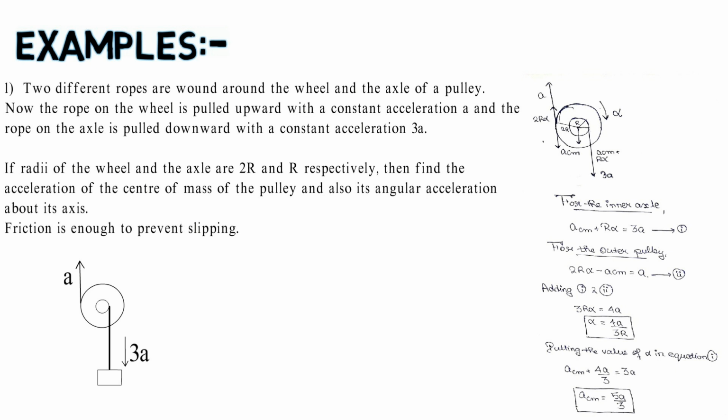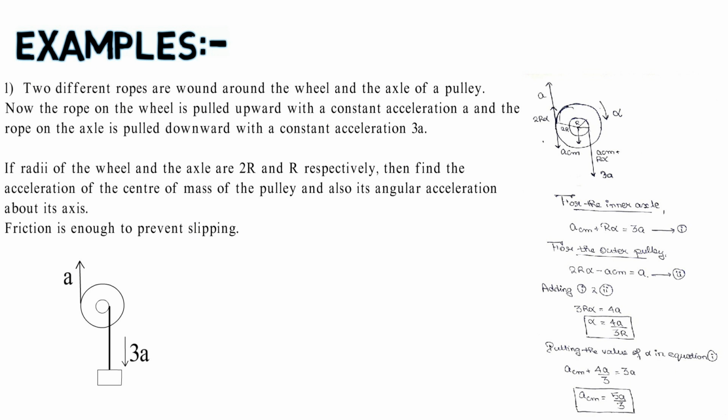For the inner circle, we will have a_cm + rα = 3a, and the reason behind it is that at the point of contact of the rope to the axle there will be no relative velocity, and for this situation there will be no relative acceleration, because the problem is represented by acceleration here. So you can just leave this equation here and consider the outer pulley.